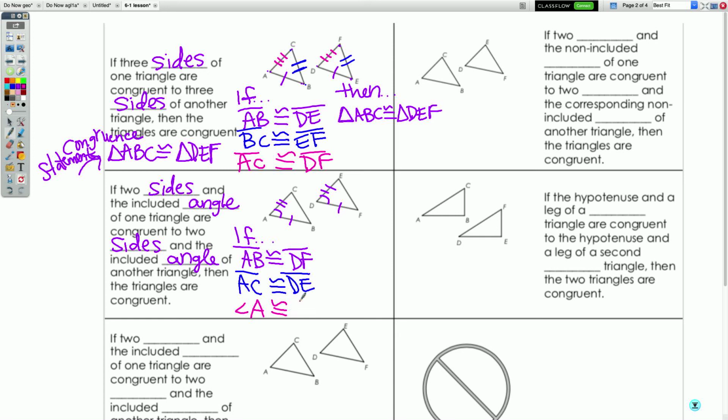So angle A is congruent to angle D. So that is all the information that they gave me, so that's the only thing that I'm going to be marking. Right? So if I have that information, then I can say that my triangles are congruent. So I'm going to write my congruent statement, triangle ABC, and be careful on this one. Maybe turn to your partner and tell them what I would do to finish that.